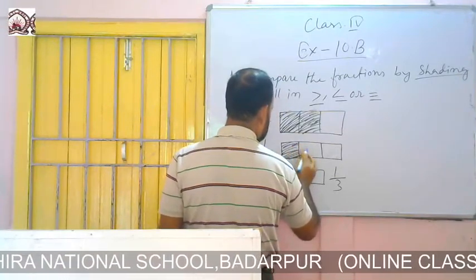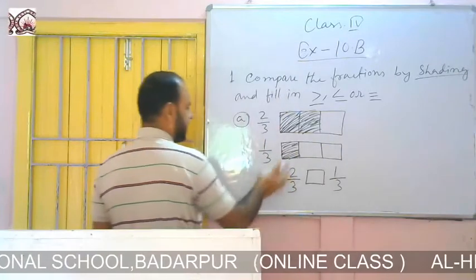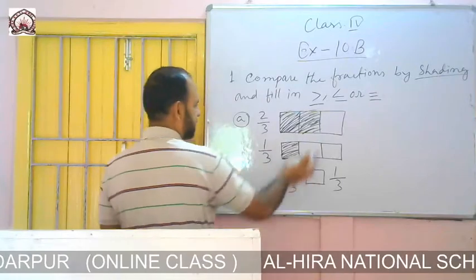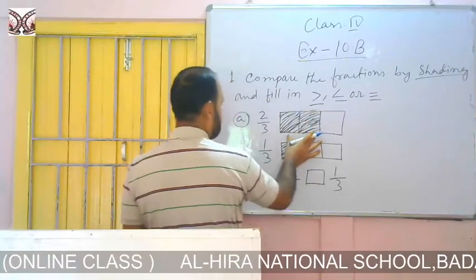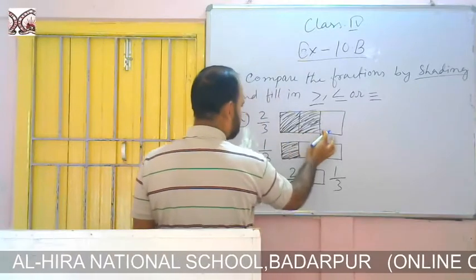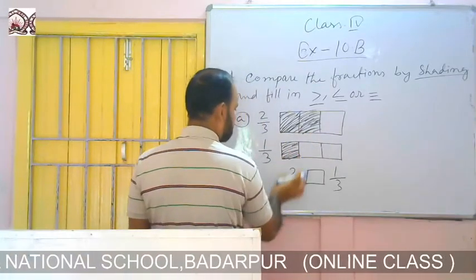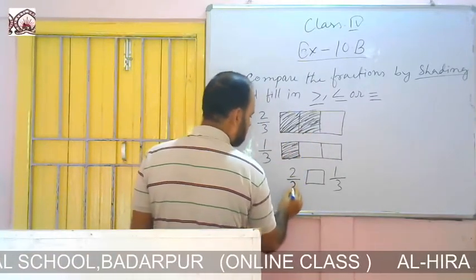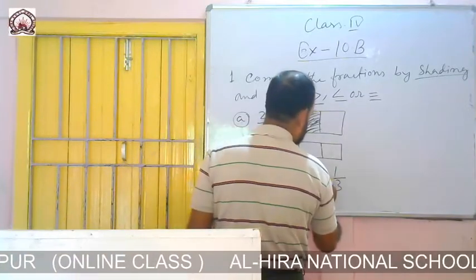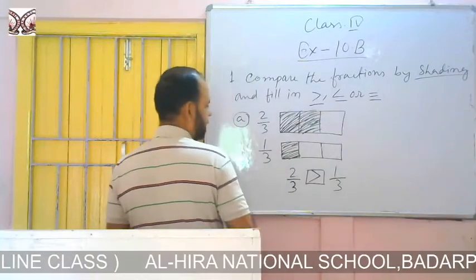So here out of 3 parts we shaded 1 part. So which fraction is bigger? Definitely this fraction is bigger because it is shaded up to this much, but this one is only this much. So 2/3 is greater than 1/3.